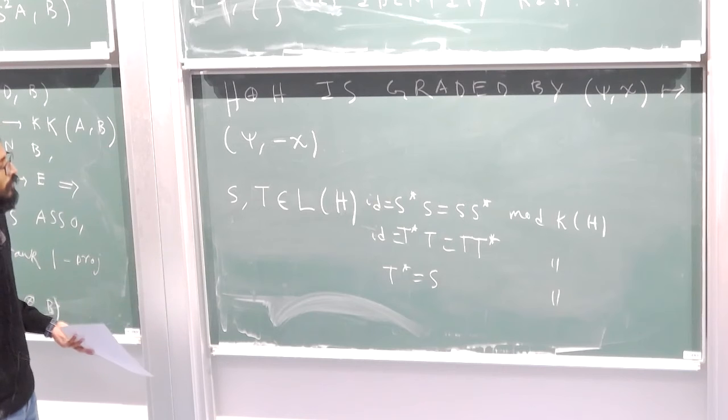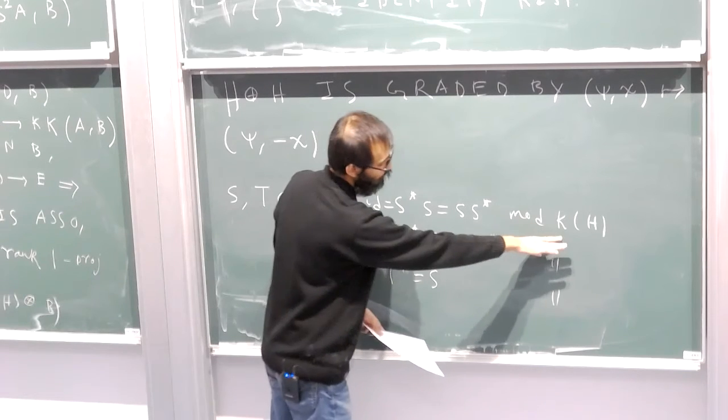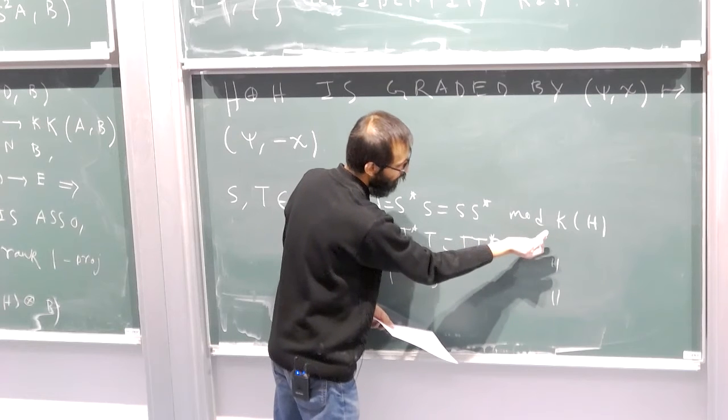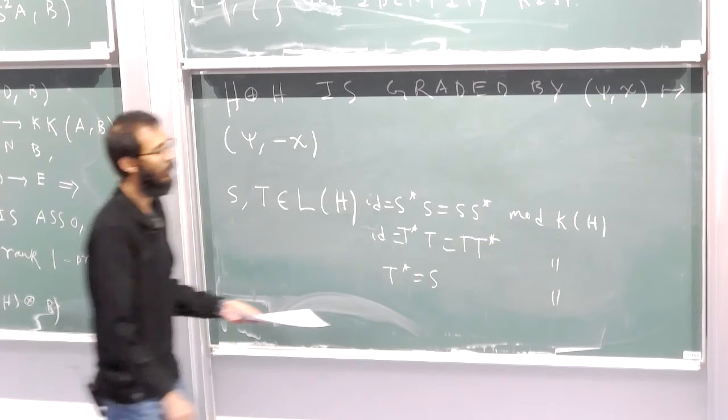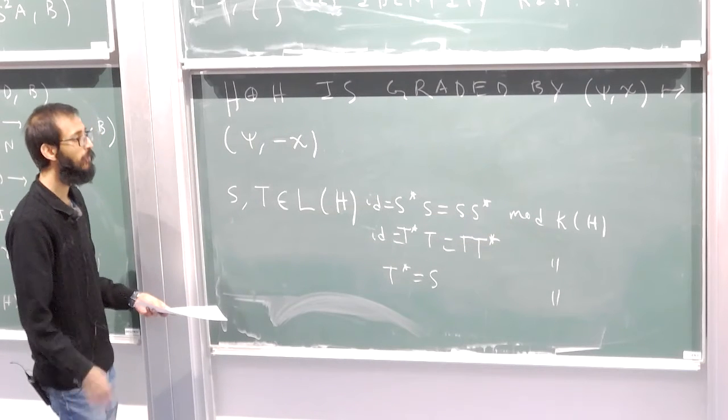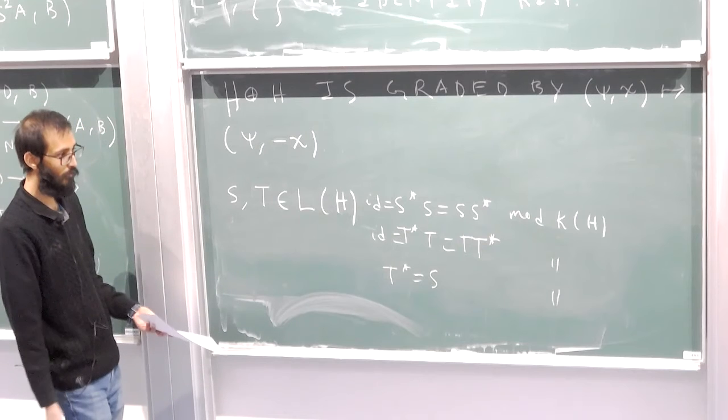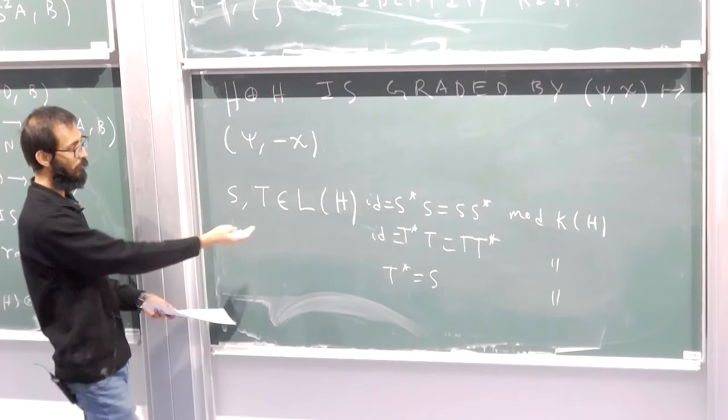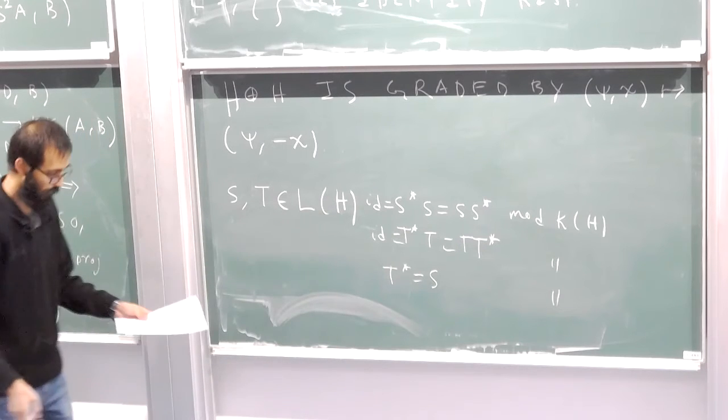So in particular, it's a unitary in LH quotiented by KH, hence invertible, which means that S and T are both Fredholm operators because it's invertible in the Calkin algebra. So the index of T makes sense.